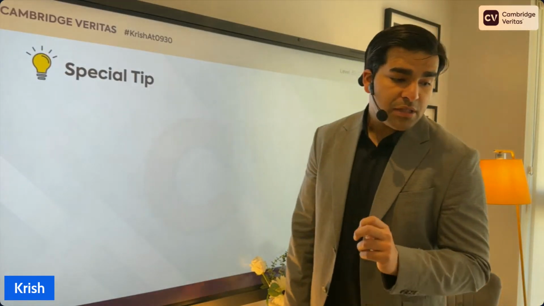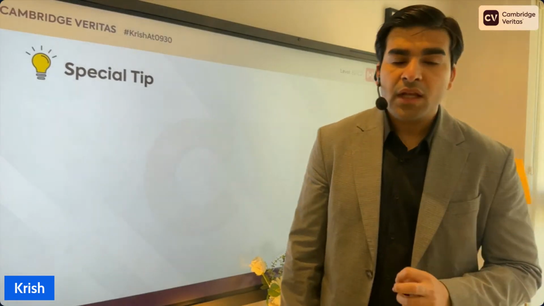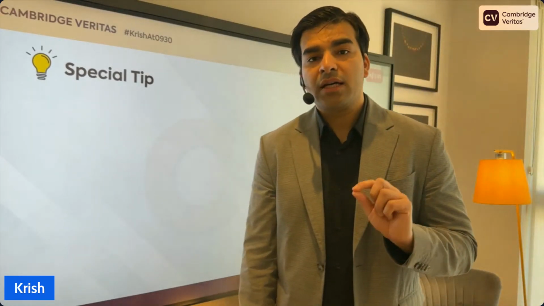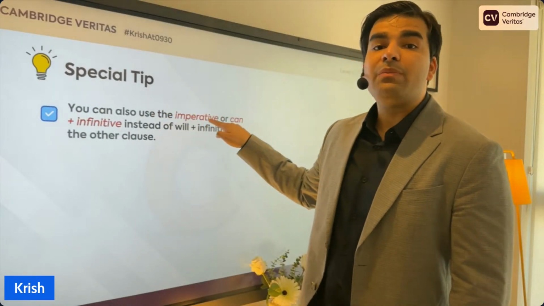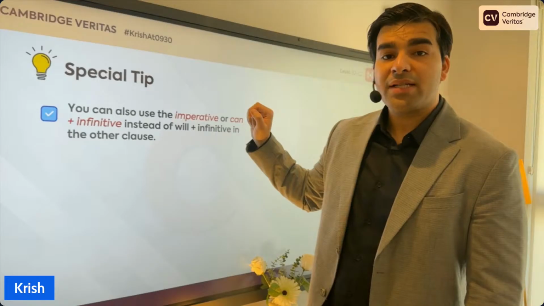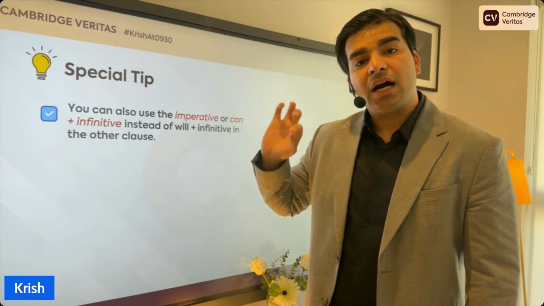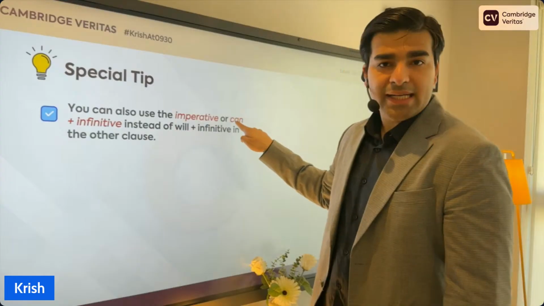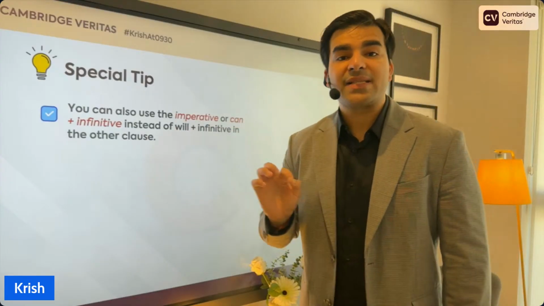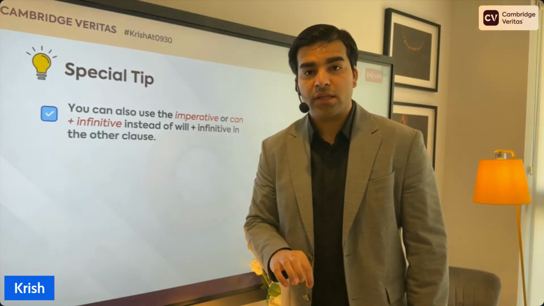The special tip is, remember we were using can also? That is a possibility as well. You can also use imperatives. What is the meaning of imperatives? That is, again, present form. Or you can use the word can in replacement of will or won't.